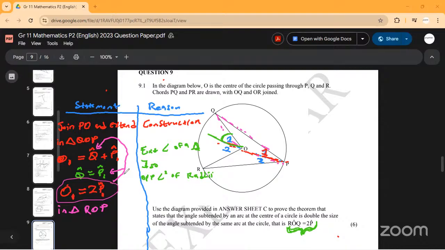Oh, opposite sides. Is that fine? You must say it until the end: the opposite sides of radii, meaning that radiuses are equal. We know that.